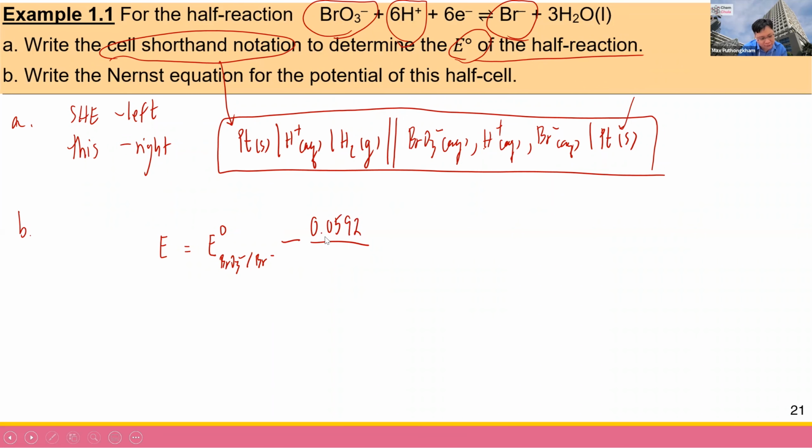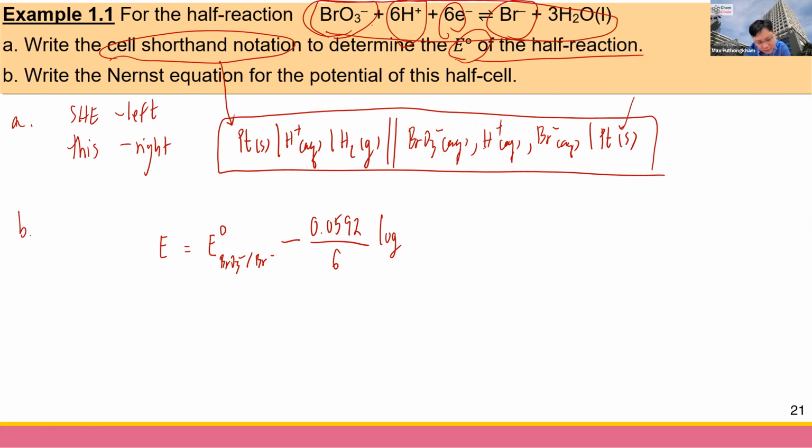Over which number should be in the denominator? It's n, right? And here n is equal to 6. And then once we use the 0.0592, we're going to use the log base 10. And then you write the equilibrium constant expression of this one.